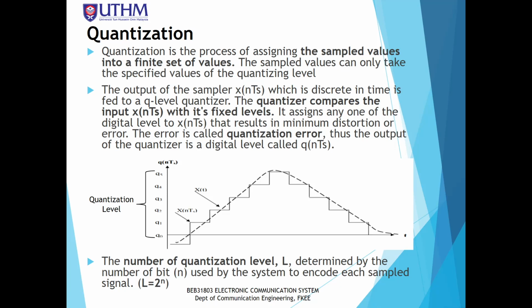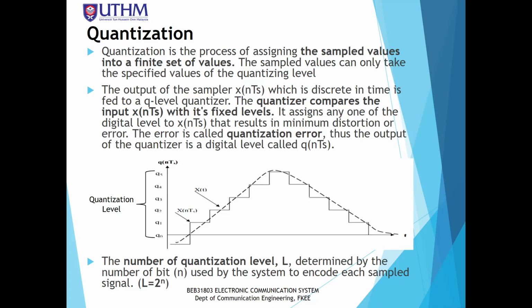digital signal. This process of transforming the analog signal into a digital signal involves at least three processes: the sampling process, the quantizing process, and the last one, the encoding process. We have learned up to quantization.